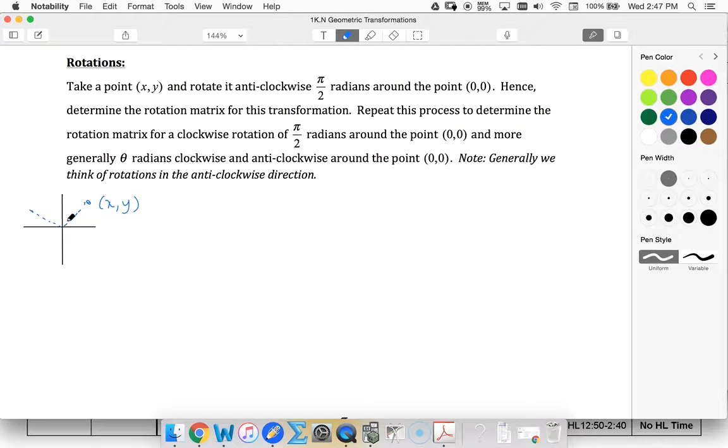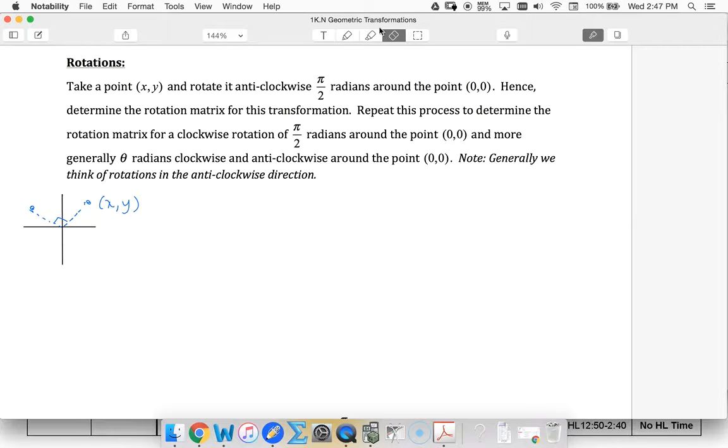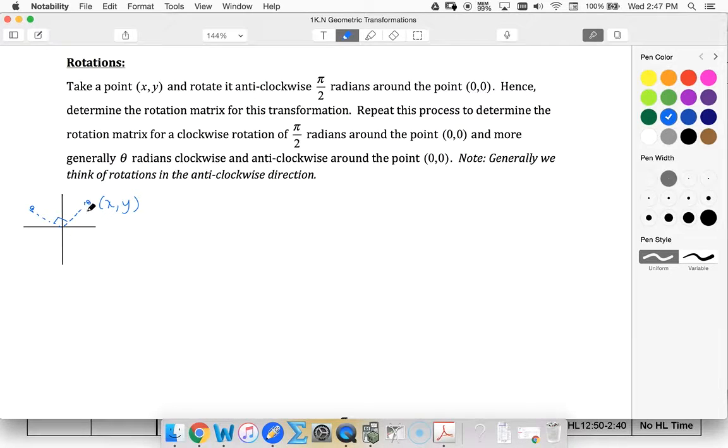If we rotate by pi over 2, then I've got a 90-degree angle. My slope from this line here is going to be y over x. So I've got my y value, my x value. This slope is going to be negative x over y.